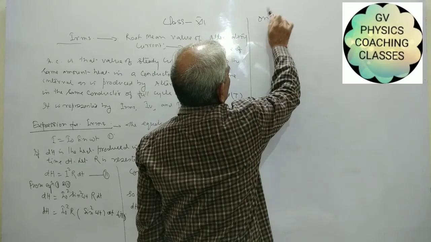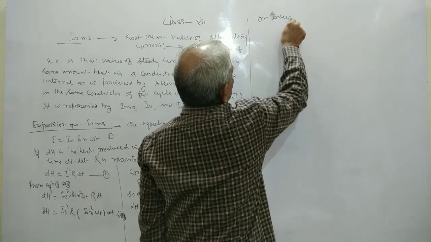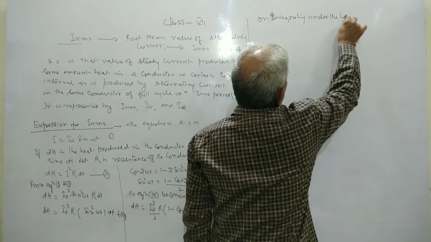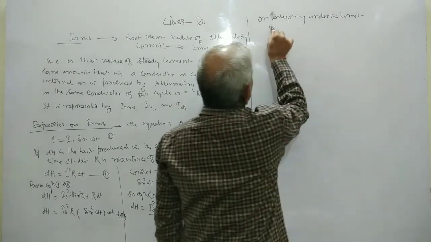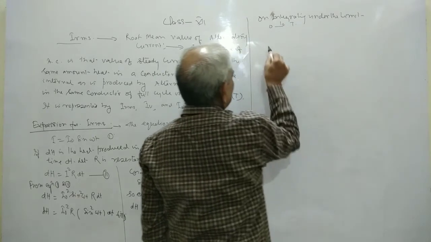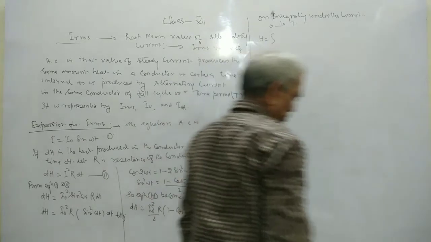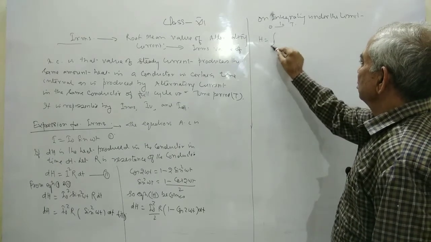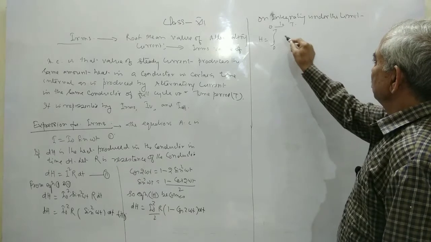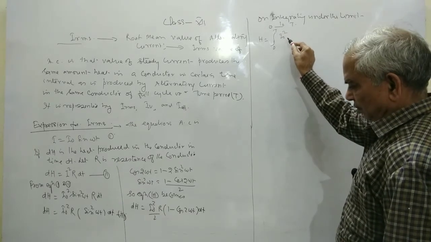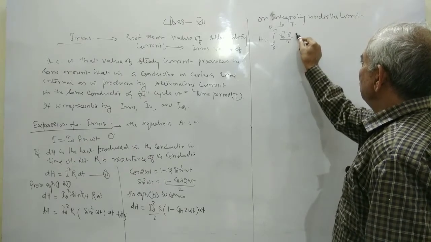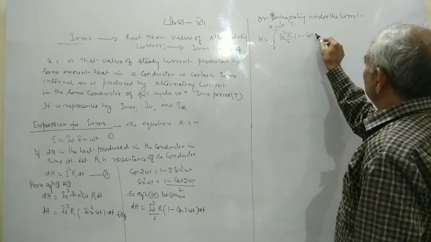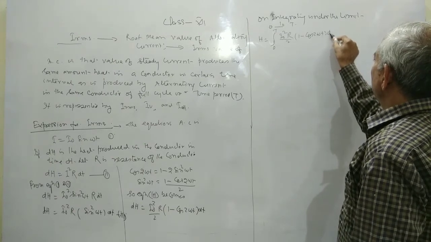On integration under the limit zero to T, H is equal to the integral from zero to T of I naught square R upon 2 into 1 minus cos 2 omega t dt.